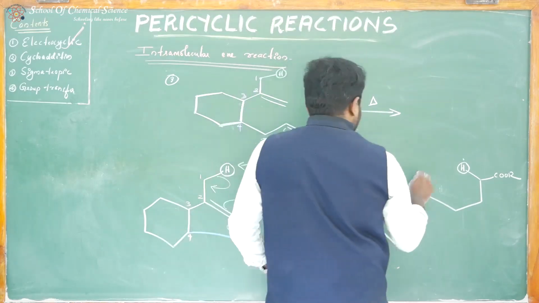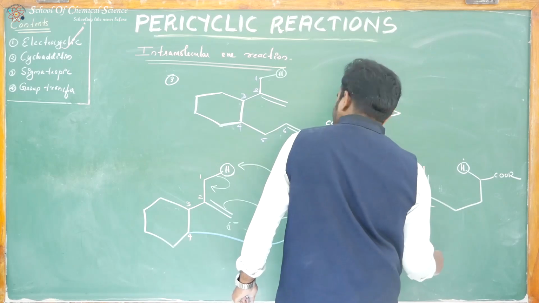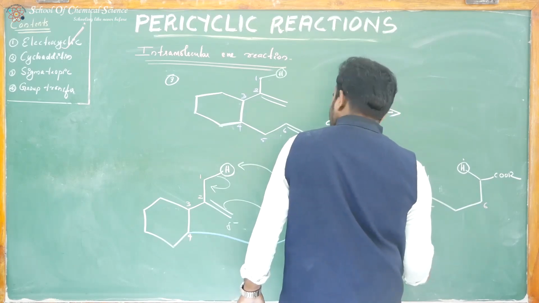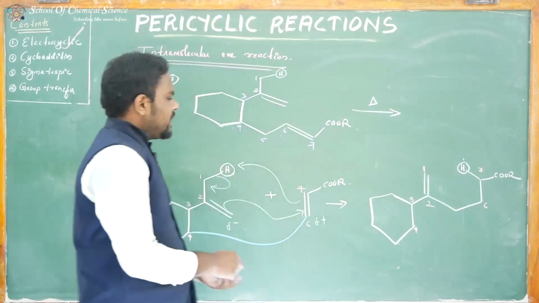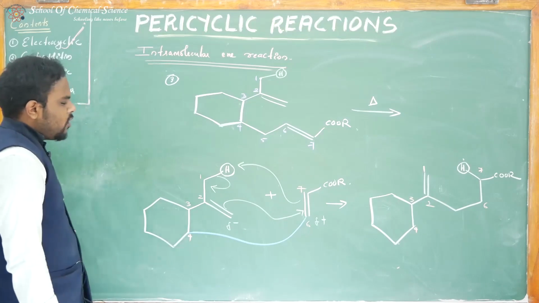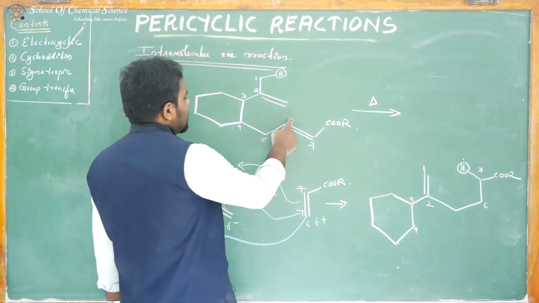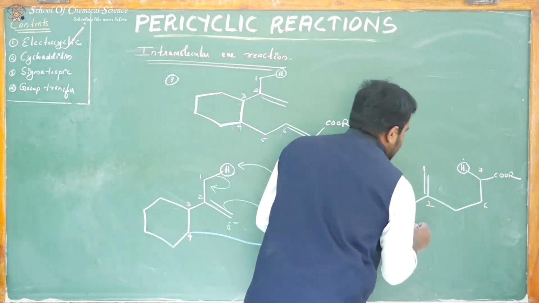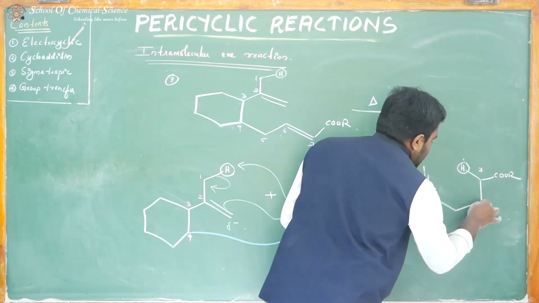Numbers 1, 2, 3, 4, this is 6 and 7. Between 4 and 6, how many carbons are there? One more carbon is there. That will be the one carbon. This is 5, 6.